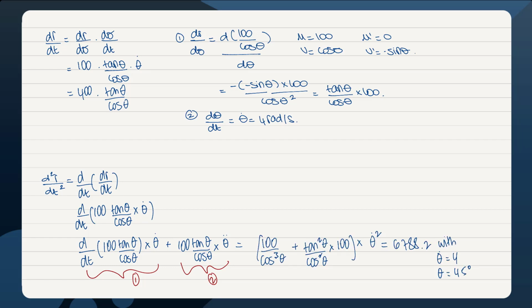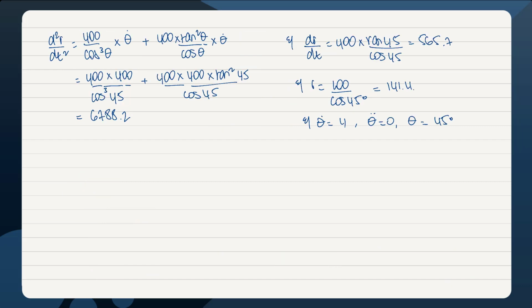Now we can finally replace theta dot and theta with 4 and 45 respectively, and then we'll get the final value for d2r over dt2, which is equal to 6788.2. Let us now nicely summarize all the different variables we have computed. So we have d2r over dt2 is equal to 6788.2. dr over dt can be obtained by replacing theta with 45.